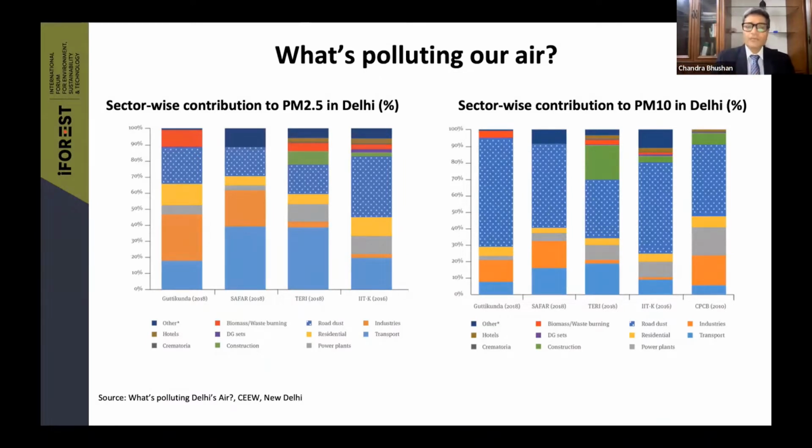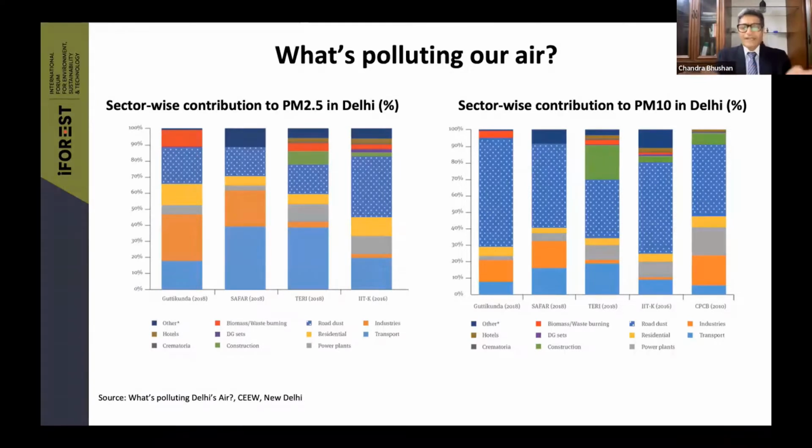To understand the sector-wise contribution of air pollutants in a city, you have to do both attribution studies as well as develop an inventory. But this is what the picture in Delhi looks like. And I wanted to show this to you because Delhi is also the most studied city as far as source of air pollution is concerned.